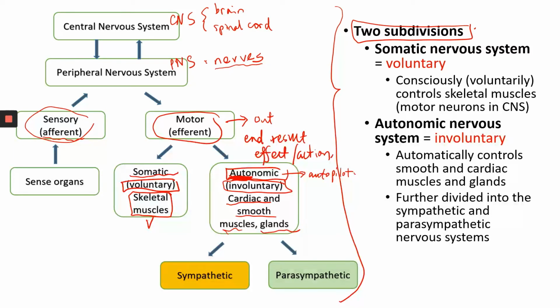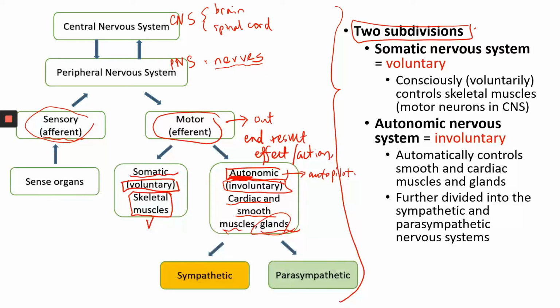So everything is done involuntarily without you consciously knowing it. Okay? Same thing for glands too. Let's say it's very hot outside and you're sweating and you don't look very nice. Can you consciously control those sweat glands and have them not secrete sweat? You can't, right? It's under involuntary control.